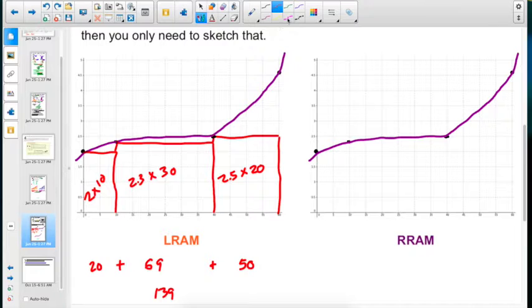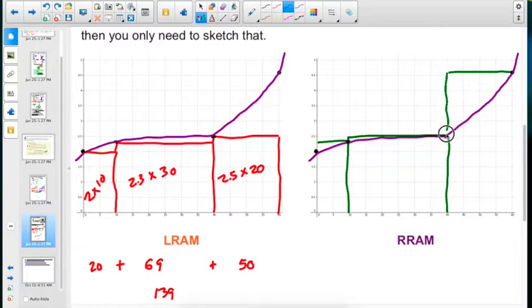And our RRAM, which is getting the right sides of those rectangles on the function. So this would be our first RRAM, our second right rectangle would look like that. And our third right rectangle would look like that.